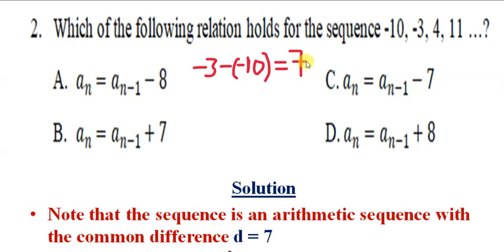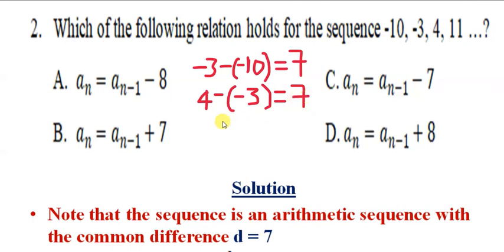And similarly, again, let us check the difference between these two terms. 4 minus, in brackets, minus 3. The bracket is required to separate the two minuses. Minus times minus gives us plus, and therefore the sum of the two, 4 plus 3, gives us 7 again.